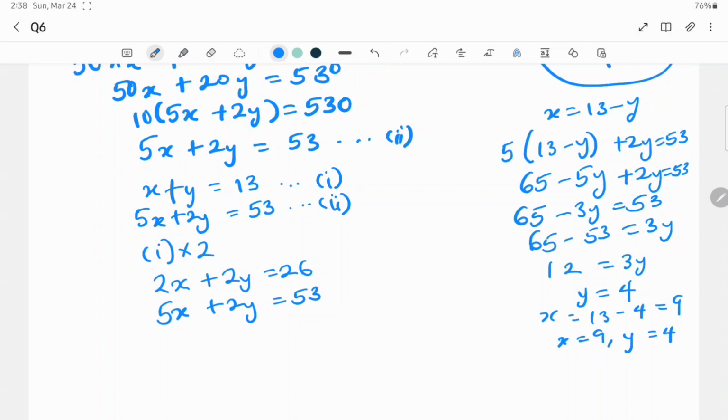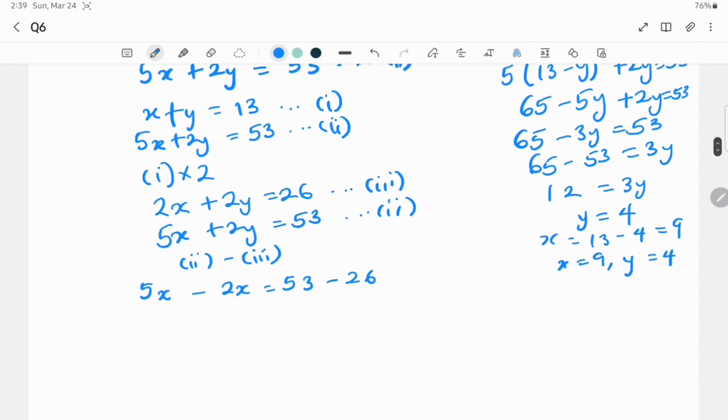So if I say this is equation 3, this remains equation 2. So if I say equation 2 minus equation 3, that means I will have 5x minus 2x equals to 53 minus 26. And that means 3x equals to 27, and my x is 27 over 3, which is 9.